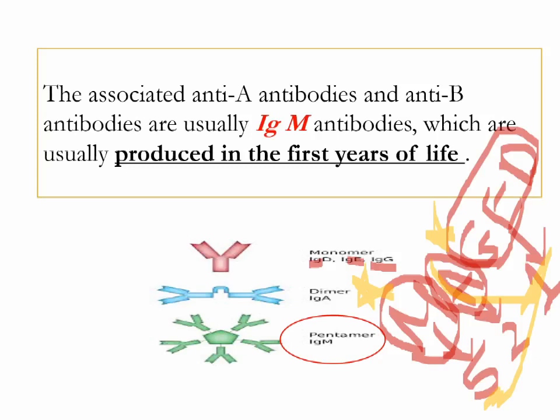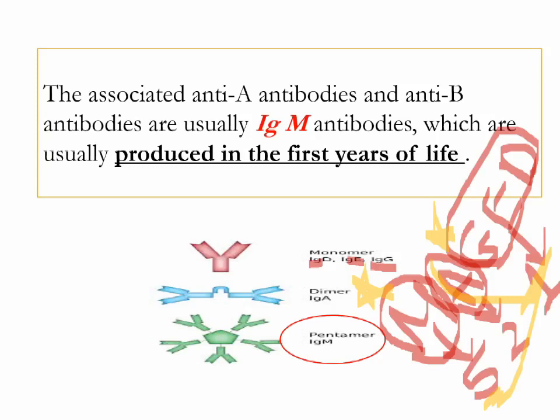and it will start to form the anti-A or the anti-B without the previous recognition of the corresponding antigen. Okay, so my main concern here, not to be confused, is that you have to know the two important properties of the anti-A antibodies and the anti-B antibodies. What are the two main properties? The first property is that they are pentamer antibodies of the IgM type, so they are large in size.